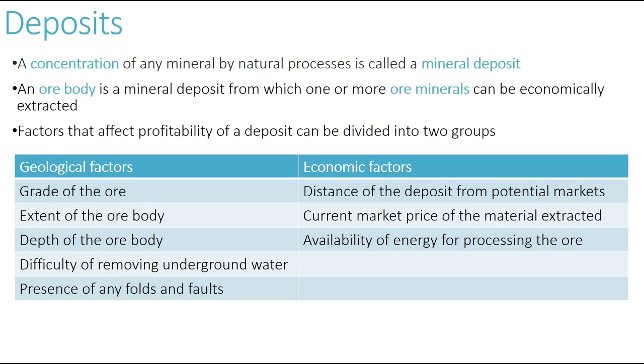So if you're out in a rural area like in Central Australia where I was, we didn't have access to power. We had everything running off a generator. So you would then need to run power lines in, and who pays for that? And can you get perhaps solar or wind energy in there? And is that better or more economical? So there are heaps and heaps of factors that determine whether a mineral deposit is called an ore body or not.